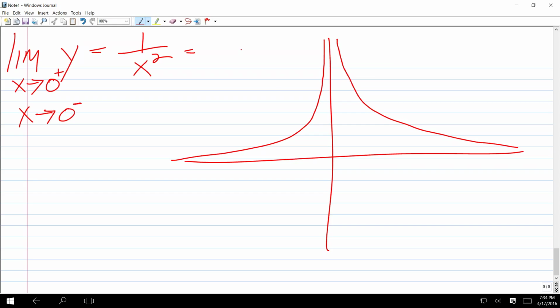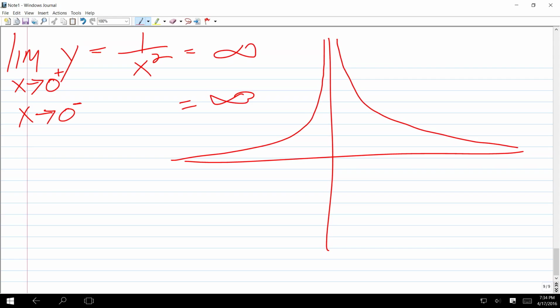Positive infinity? What is it when I approach 0 from the left? Positive infinity again. So does it exist at 0? Yes, it does. That's about the only thing you can say about it.